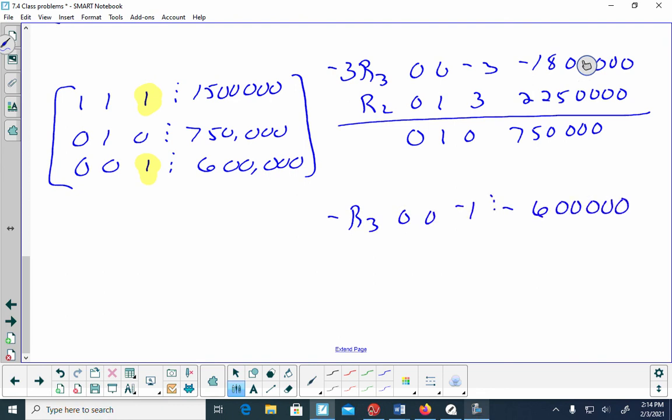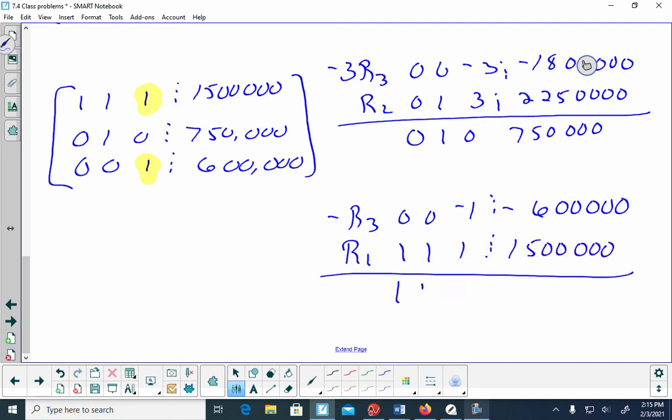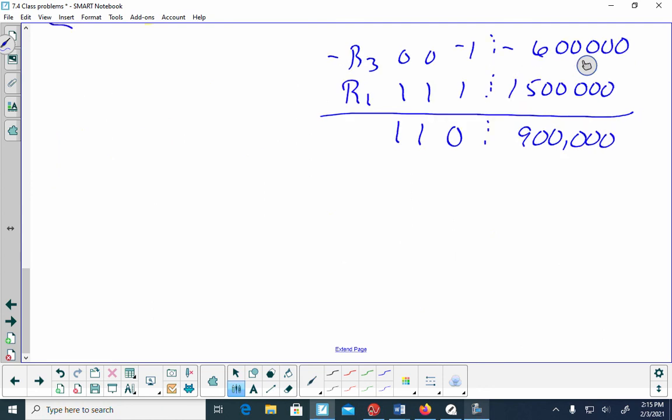Somewhere along the line I dropped my dots. My bad. And when I do that, I get 1, 1, 0, and then 900,000. And then the next thing I'm going to do is the opposite of row 2. So here's my new row 1.